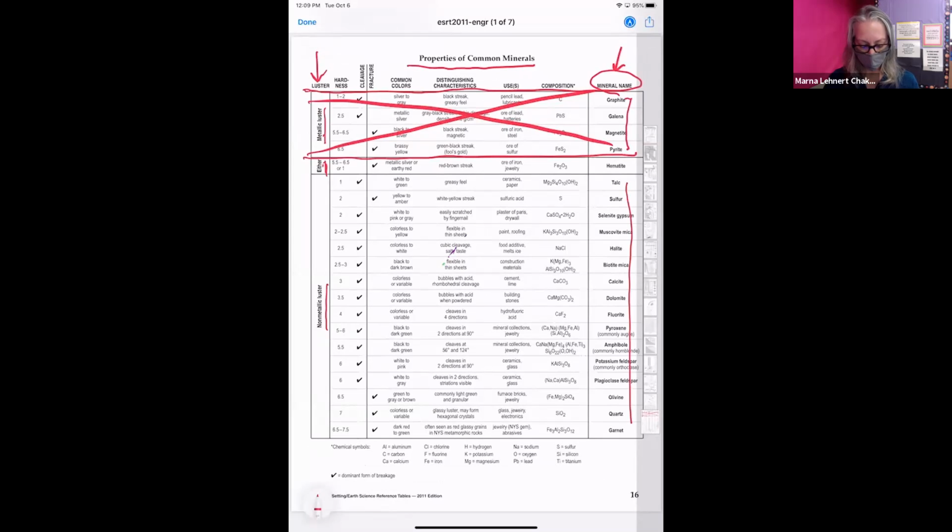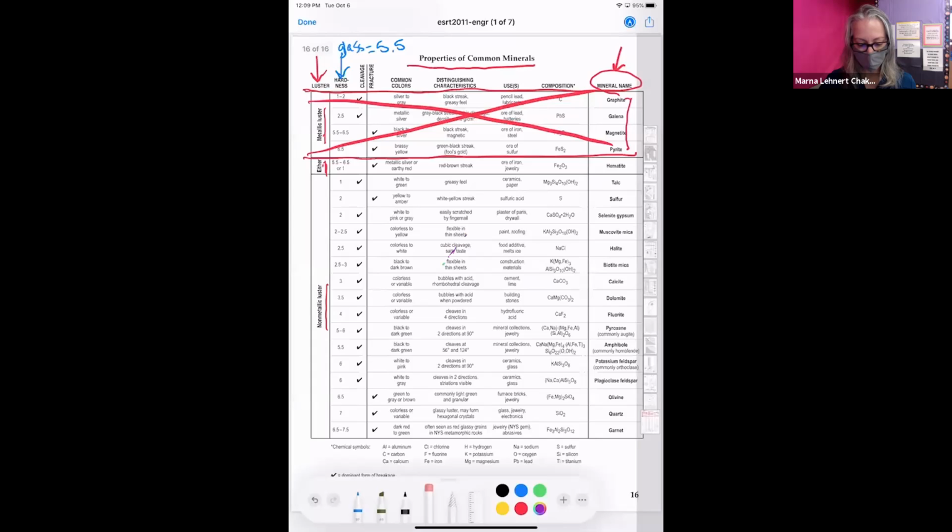So the next thing I do is I look at the next column, which is hardness, okay? When I look at hardness, we discovered that it was softer than glass, right? And you need to know that glass has a hardness of 5.5.